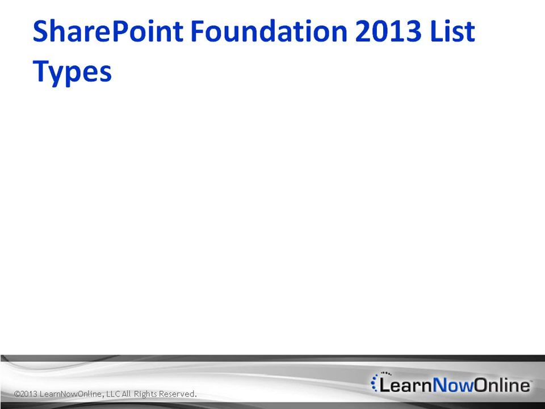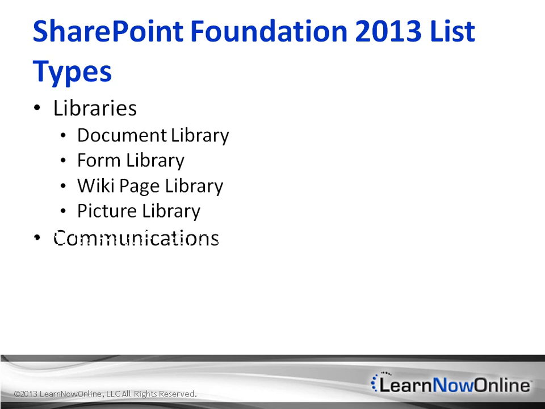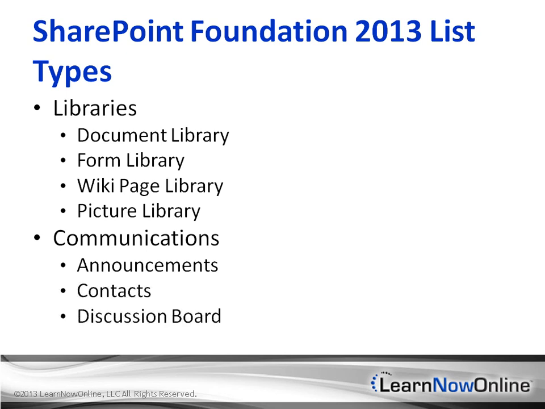So in SharePoint Foundation 2013, these are the list types. We have libraries. You can have document libraries, form libraries, wiki pages. We can store pictures. Then there's communications, so we have announcements. You can store contacts, discussion boards.